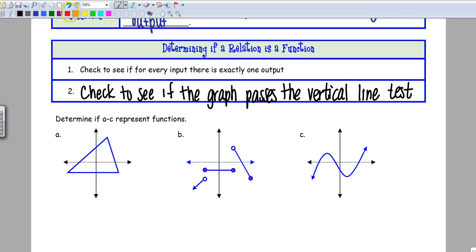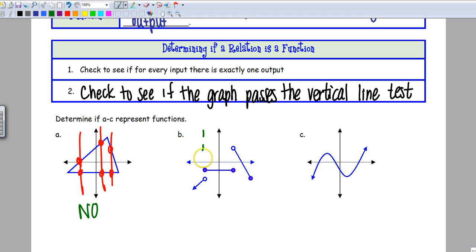So here's how you do the vertical line test. Basically, you are going to draw vertical lines through your graph. And if you hit any part of the graph more than once in a single shot, it is not a function. Notice my vertical line hit two separate points of the graph, so this is no.